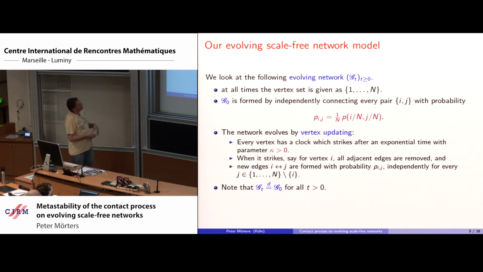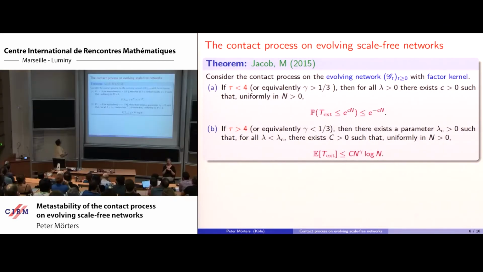Okay, so now I have my contact process, and independently I have the evolution of the graph, and the question is: do I see fast or slow extinction? The first result of this talk is from 2015 with Emmanuel Jacob, and we look at this network with a factor kernel, and we notice the following dichotomy. If tau is less than 4, or equivalently, if you look at this formula, gamma bigger than a third, so if you have a strong inhomogeneity, then you have slow extinction.